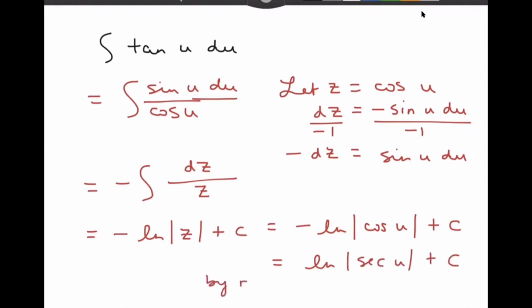It was called the reciprocal rule, which said that the natural log of 1 over x is equal to negative natural log of x. All right, so it actually doesn't matter which form of this you use. You can use natural log absolute value secant u, or you can use negative natural log absolute value cosine u. Either one doesn't matter.